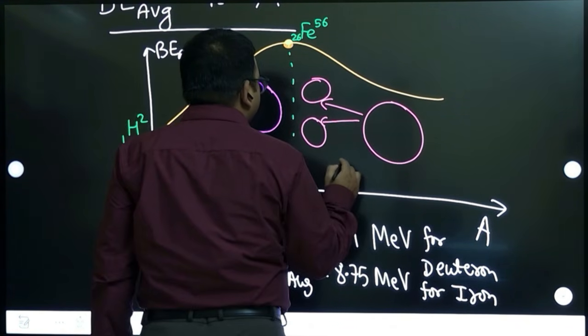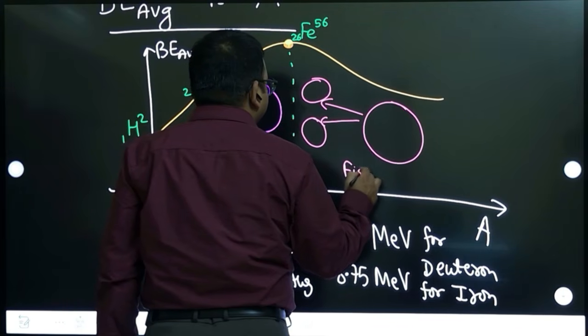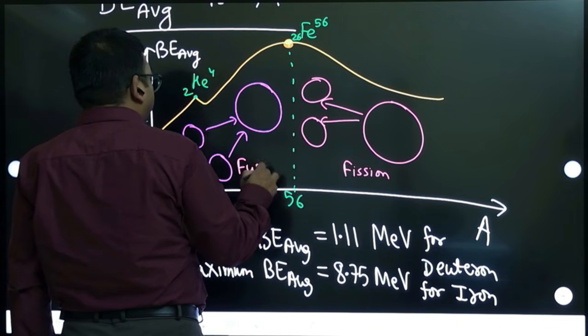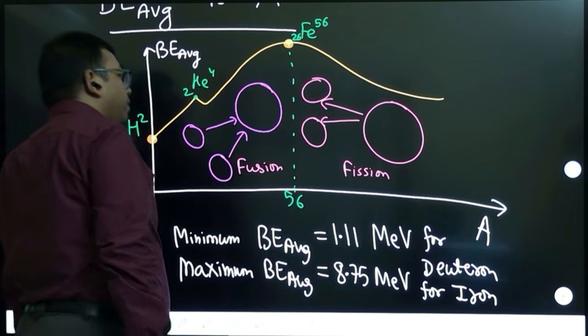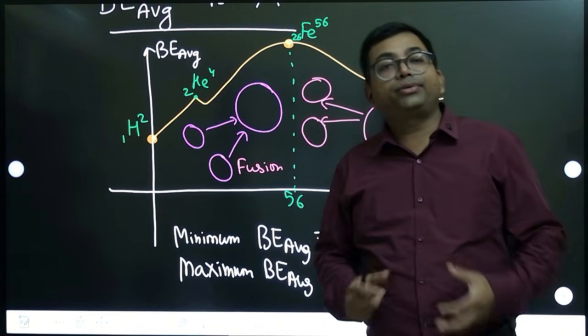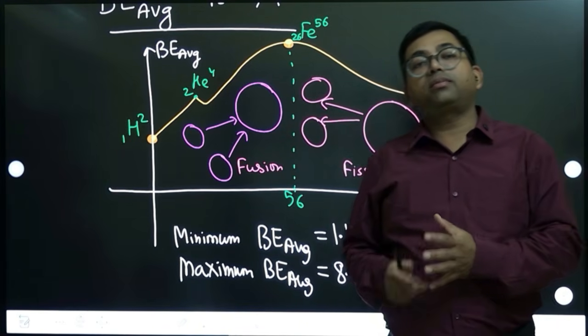This process is called nuclear fission, and this is called fusion. Fusion reactions happen in the stars where hydrogen combines to form helium and so on.